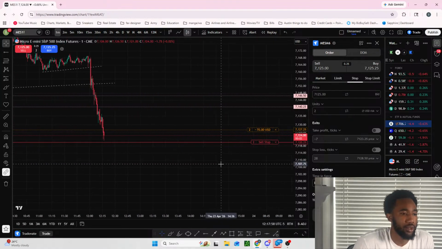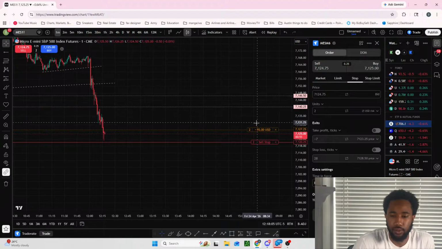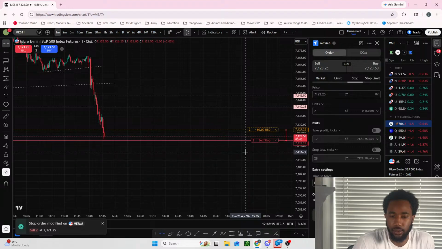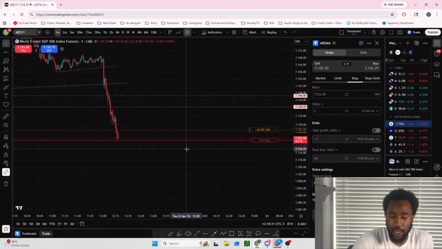But I got stopped out twice. I'm definitely starting to get into revenge trading territory. So this is going to be my last trade of the day, no matter what happens.